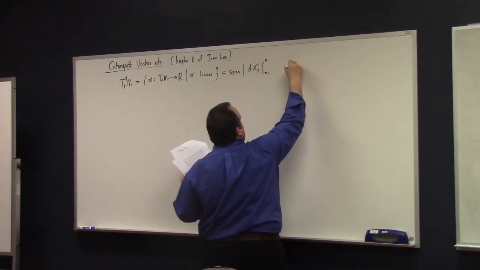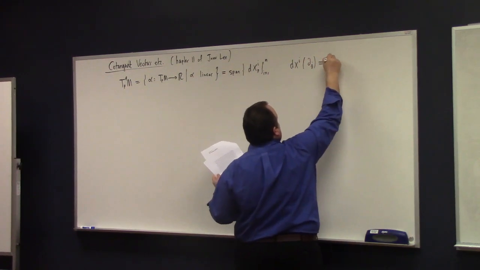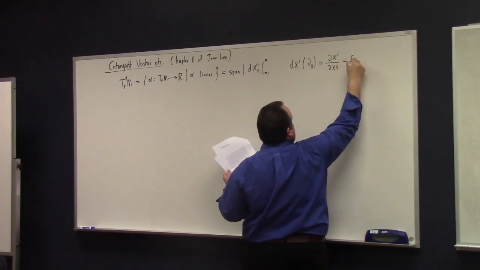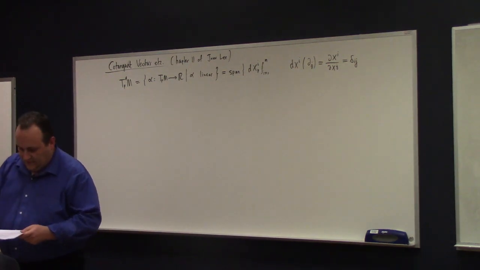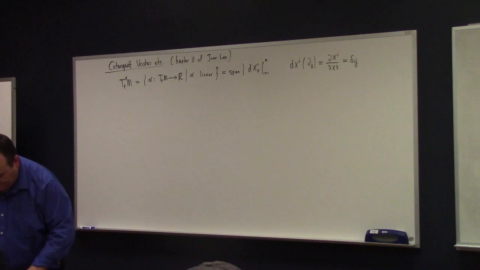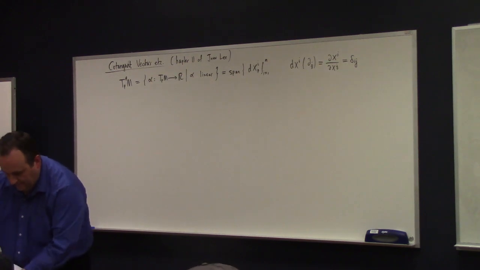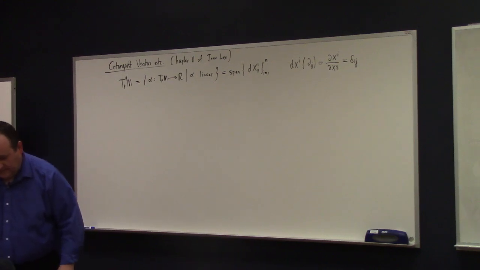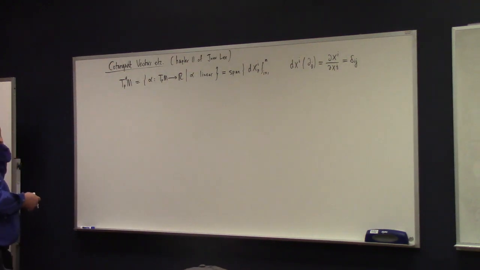In particular, dx^i of partial_j, which is partial x^i of partial x^j, is equal to the Kronecker delta ij, which is the necessary condition for the differentials to be the dual basis to the usual coordinate basis. Then we talked about the fact that there is also a double dual, and I'm not going to talk more about that at the moment, but we'll come back to that double dual idea as we go on.